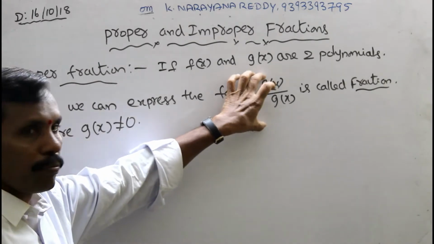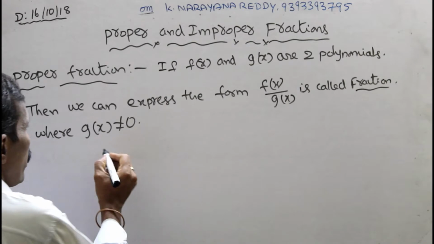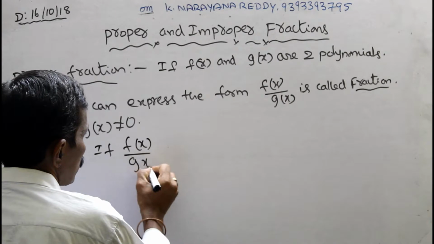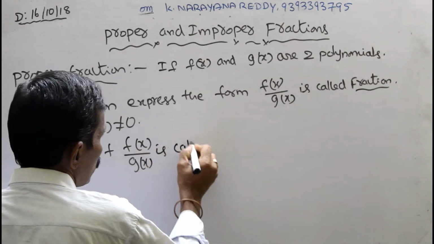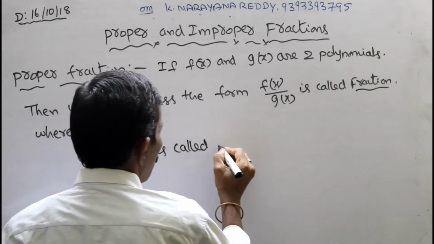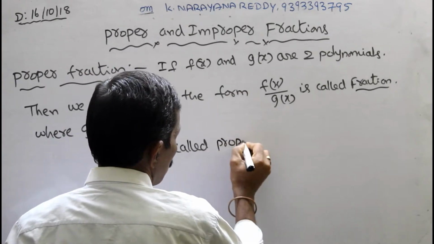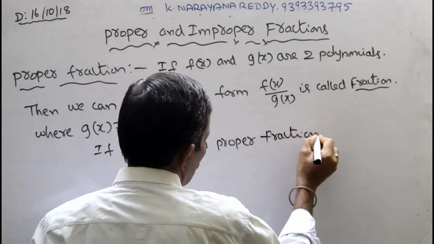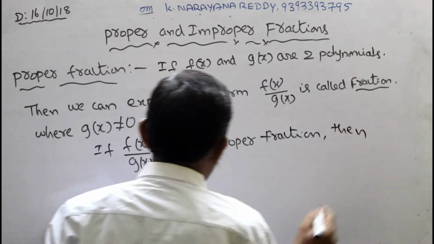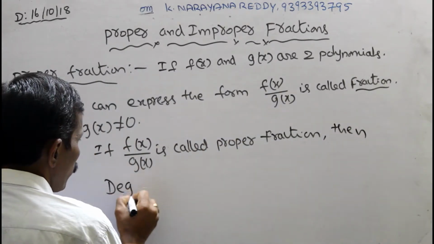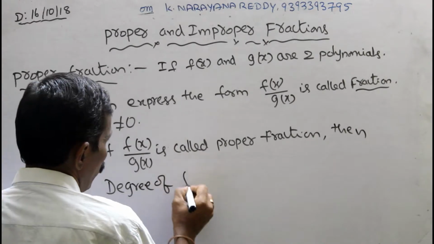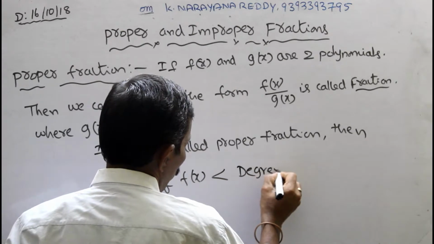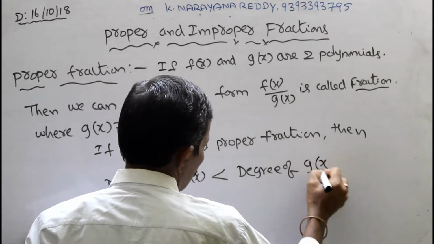If f of x divided by g of x is called a proper fraction, then the degree of f of x is less than the degree of g of x.